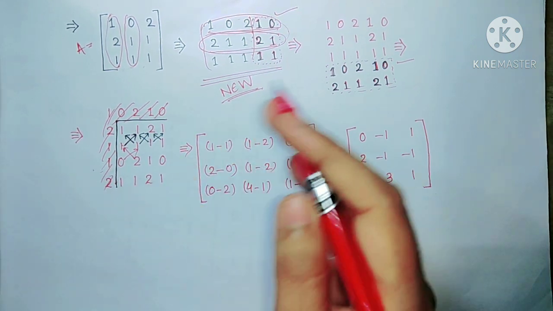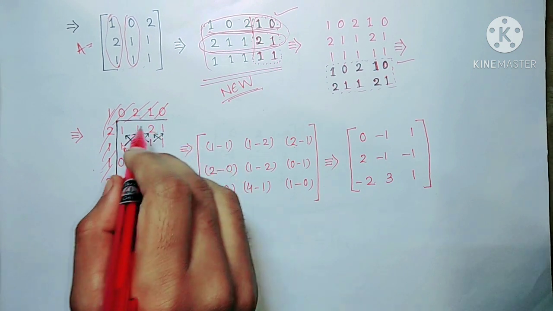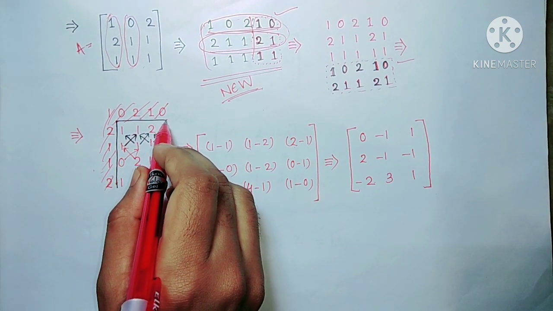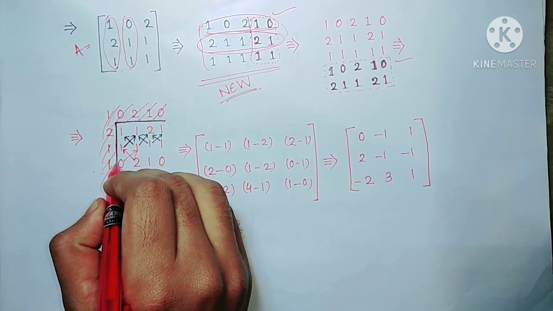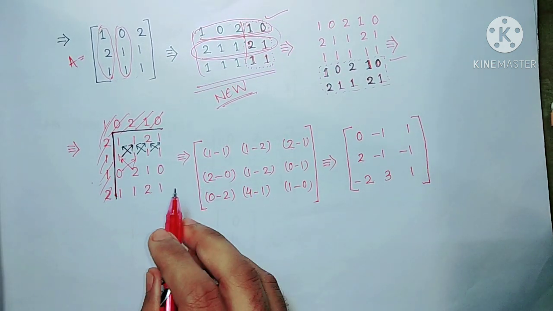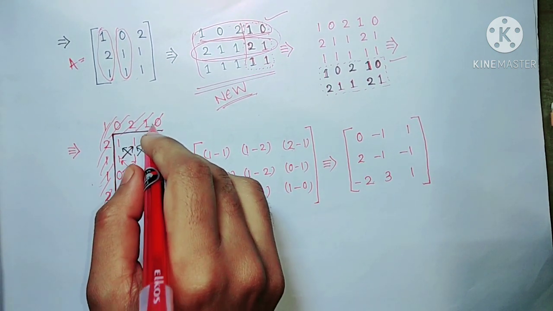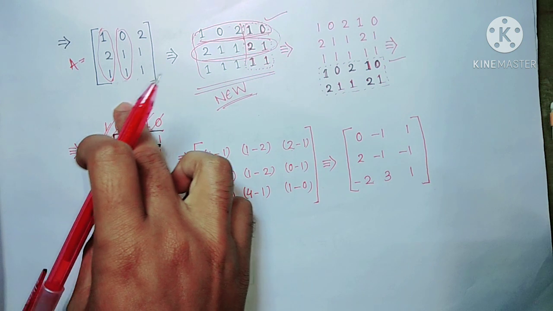Now the next step is to draw a line like this, and neglect those elements which are present outside this region.